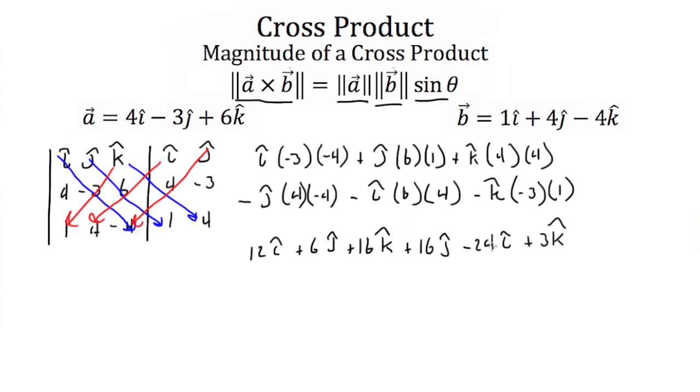Combine our like terms, we have 12i and a negative 24i, which is a negative 12i, a 6j and a 16j, which is 22j, and a 16k and a 3k would be 19k.